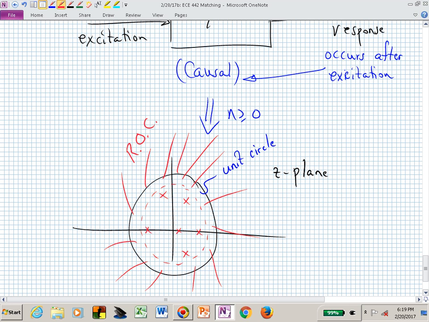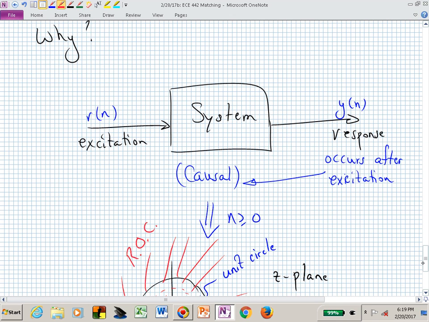Is that clear? So because we're dealing with systems, when we're looking at a system, we want all the poles to be inside the unit circle because our system is causal. We're only studying this for n greater than or equal to 0.